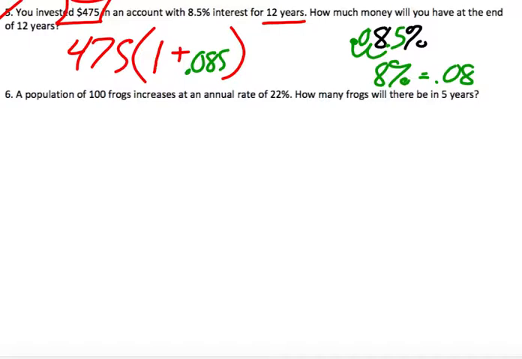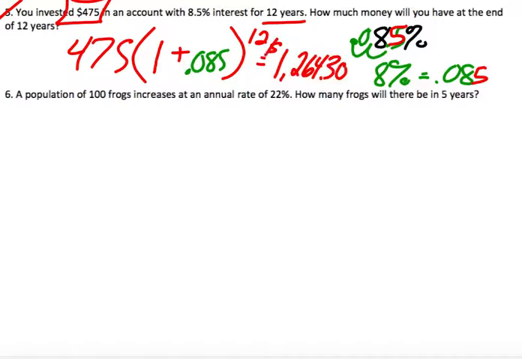So yeah, it is. Now just throw the 5 after the 8. Right there, like we have. And it's raised to the power of 12. So your final answer is $1,264.30.